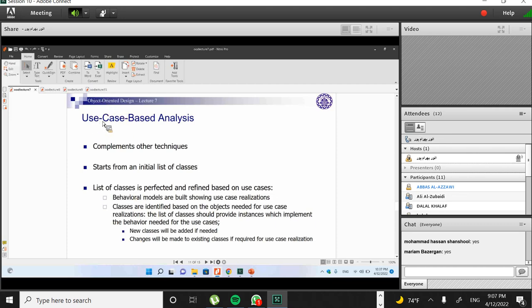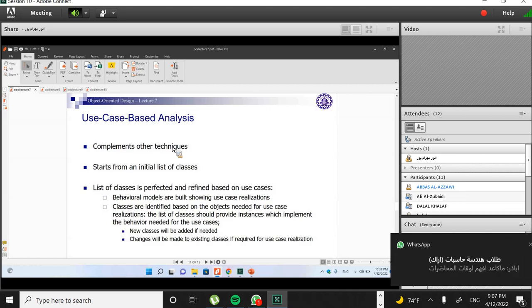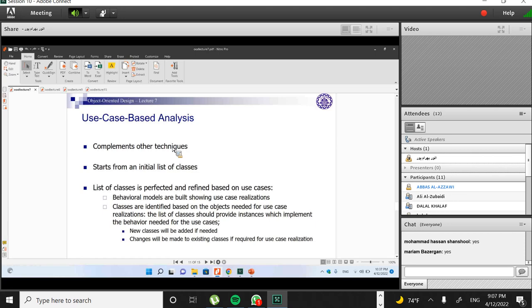But as I talked about at the beginning of this lecture, use case based analysis is the third technique of finding analysis classes, which is complementary to the other techniques. It complements document analyzing or grammatical parsing techniques. How does this technique complement the first two discussed techniques?